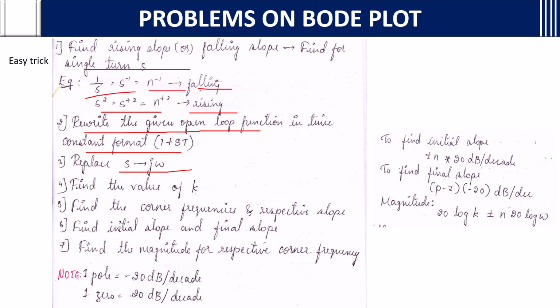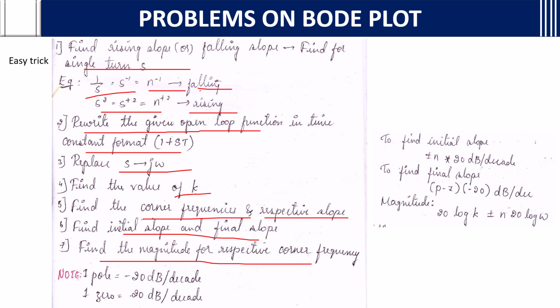Then find the value of K. If it is not given, assume K as 1. Find the corner frequencies and respective slopes. Find the initial slope and final slope. Then find the magnitude for the respective corner frequency.